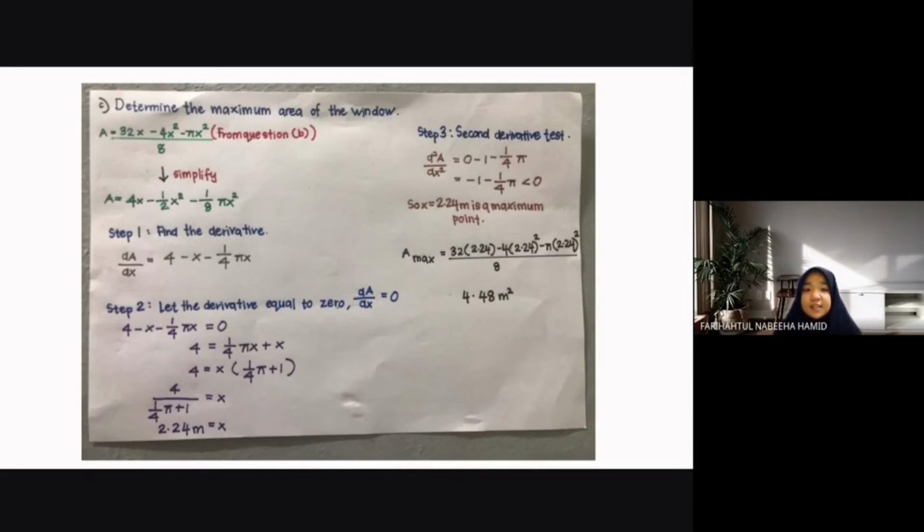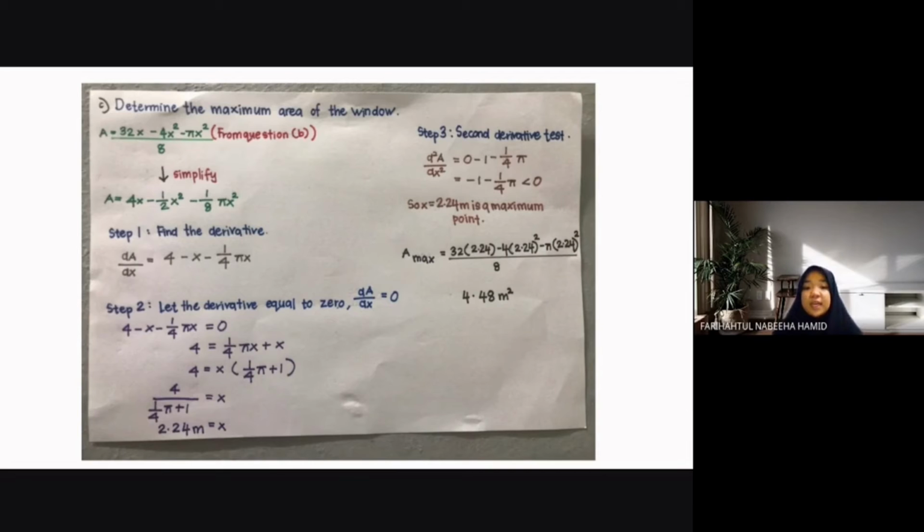Question C. Determine the maximum area of the window. First, we need to find the maximum value. So, from question B, we can use the equation given to find the maximum value of x. The equation is A equals to 32x minus 4x power of 2 minus pi x power of 2 divided by 8.